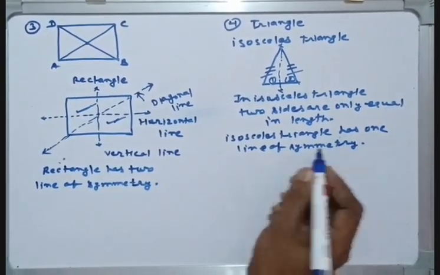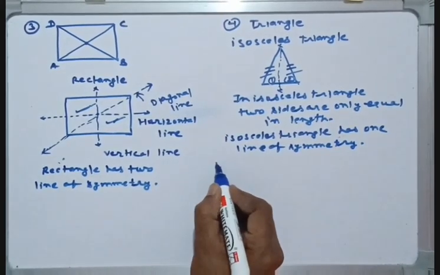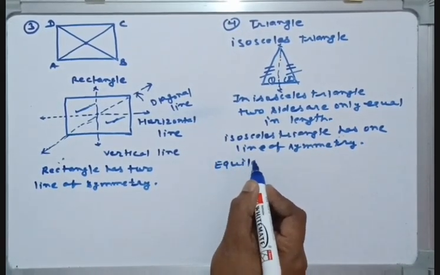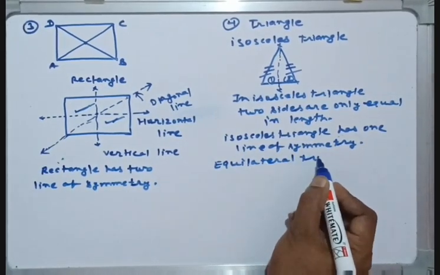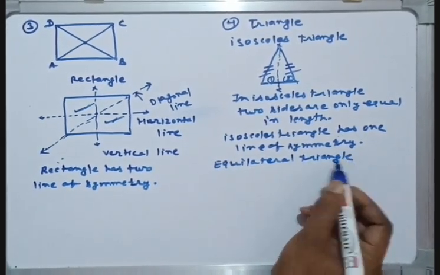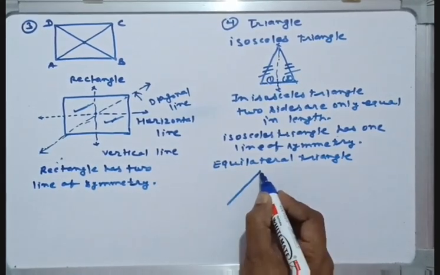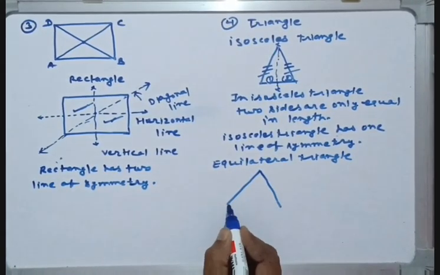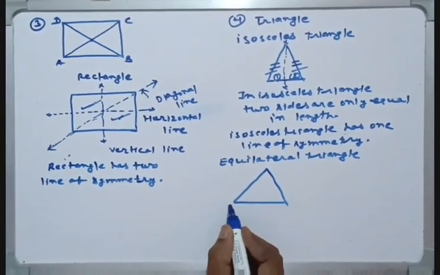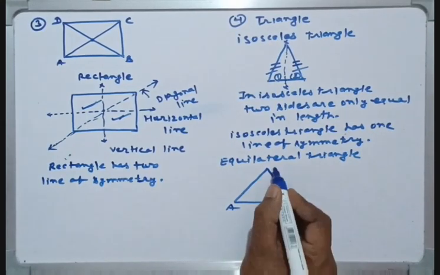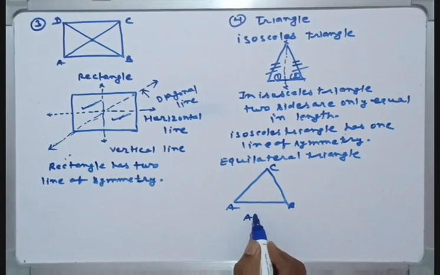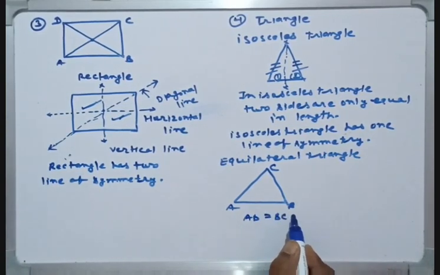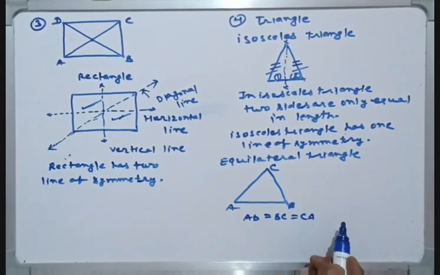Okay guys, the second one is an equilateral triangle. Guys, this one is an equilateral triangle in which all the sides must be equal. So here AB, BC and CA must be equal in length.